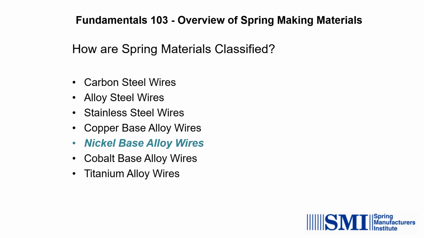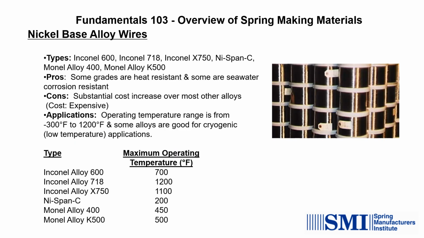When we begin to think about high performance and exotic materials, nickel-based alloys are prime candidates. Nickel-based alloy wires. Types: Inconel 600, Inconel 718, Inconel X750, Nicrofer C, Monel 400, and Monel K500.